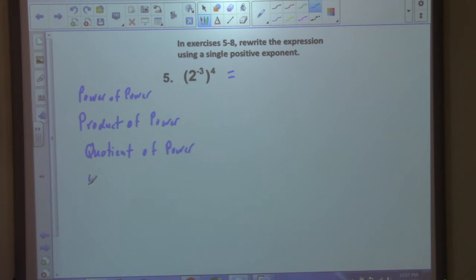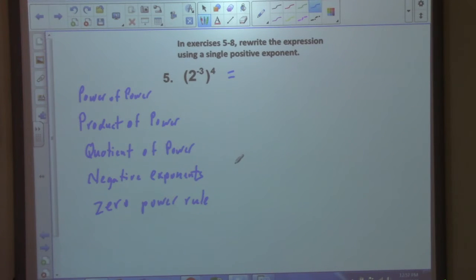There's the rule of negative exponents, and there are 2 different versions of that. And there's also this last one, the zero power rule, or power of 0 rule.